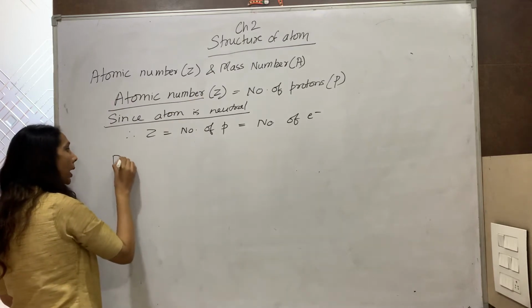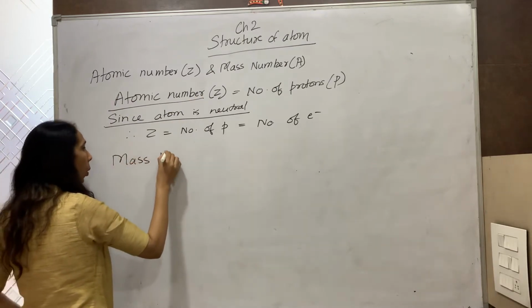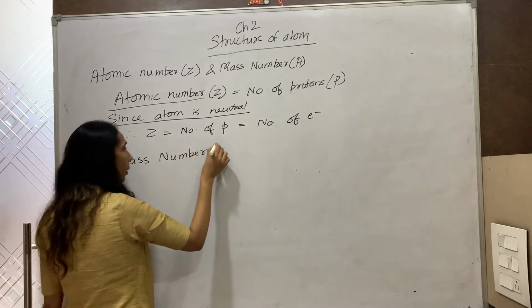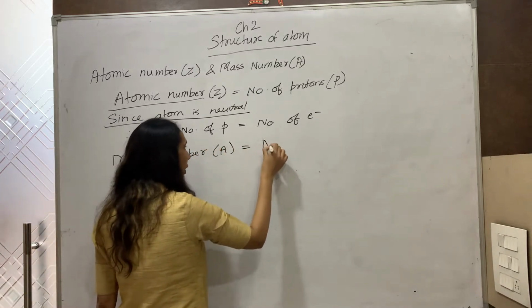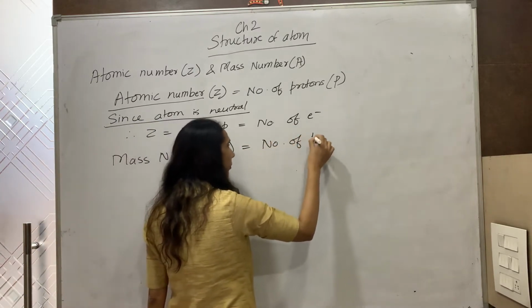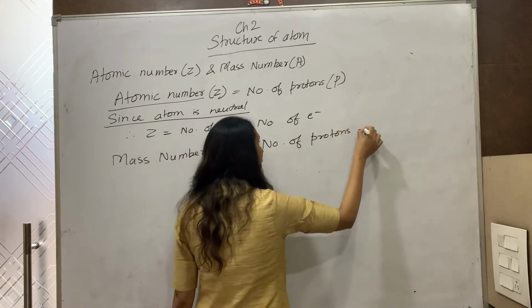Now, mass number. What is mass number A? Mass number A is equal to the number of protons plus the number of neutrons.